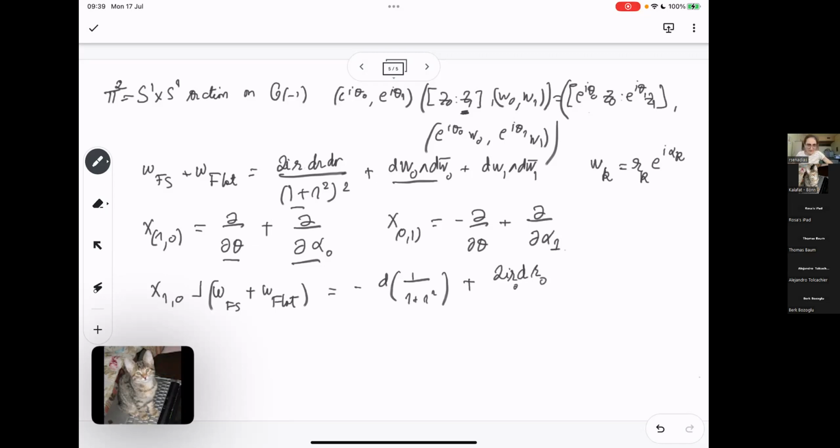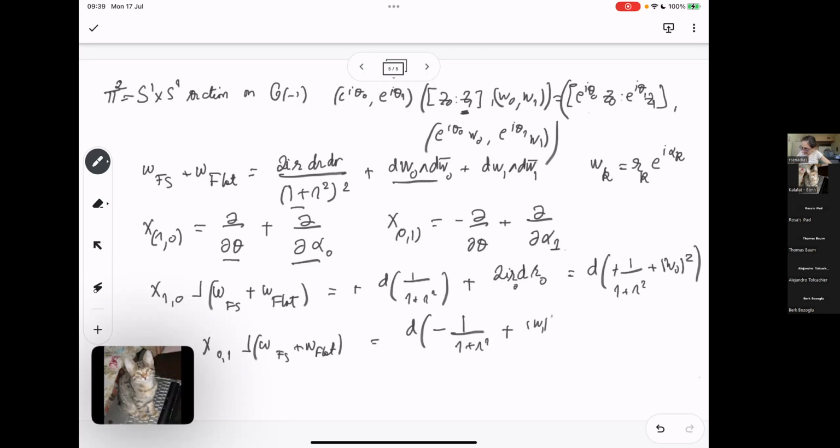You need to convert these into polar coordinates, but that's even easier than the Fubini-Study metric. There's a plus here, sorry. This is this. And the other one, on the other hand, there's a plus. Is this.